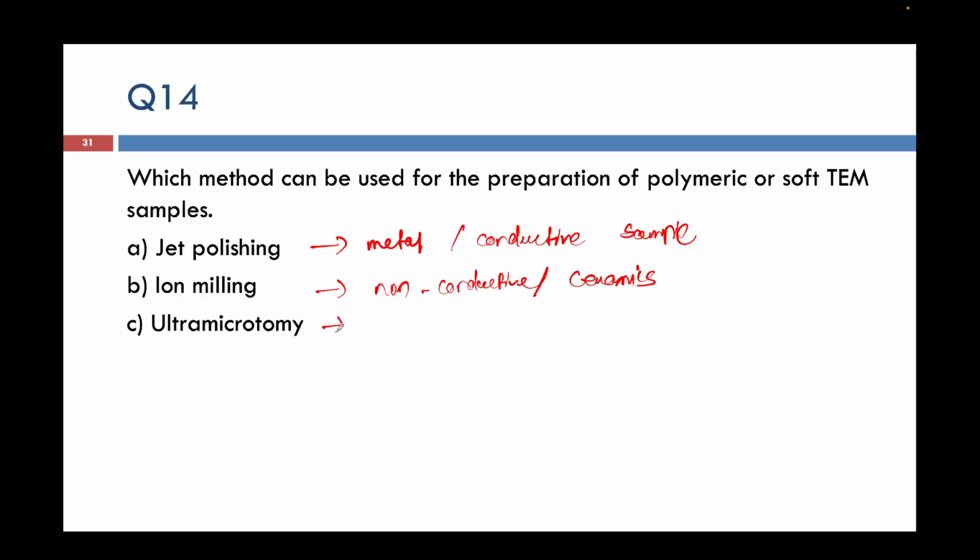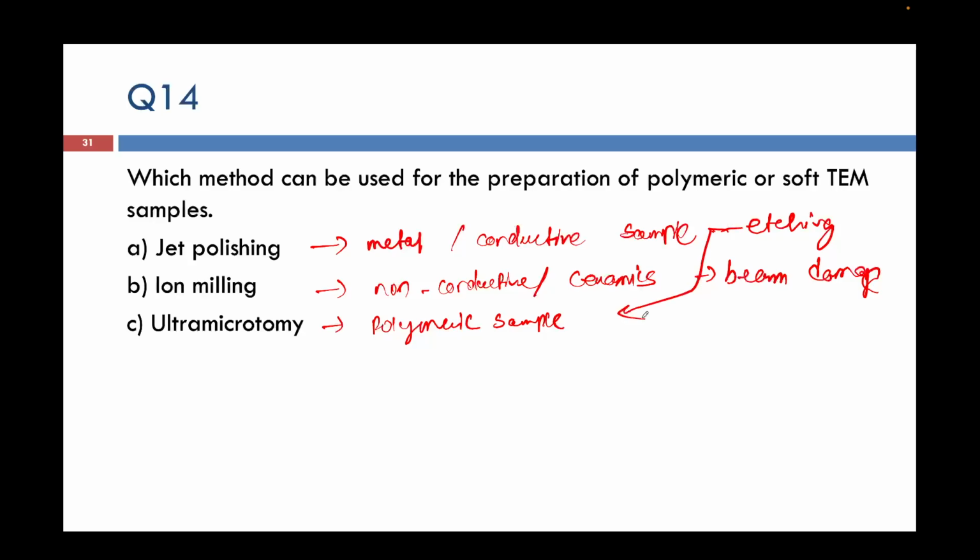Ultramicrotomy we use for polymeric samples. Why? Because etching might change the surface structure, and with ion milling beam damage can also happen. So ultramicrotomy is the way to prepare polymer samples.